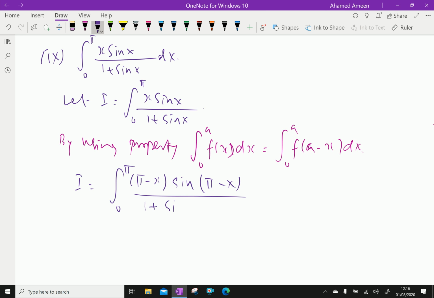Now which is equal to integral 0 to pi, pi minus x, sin of pi minus x is sin x, over 1 plus sin x dx.